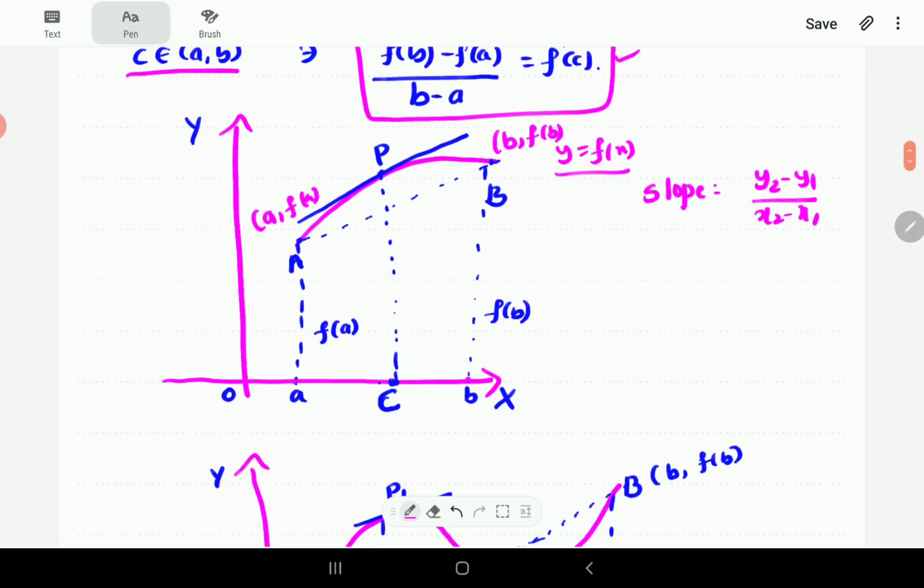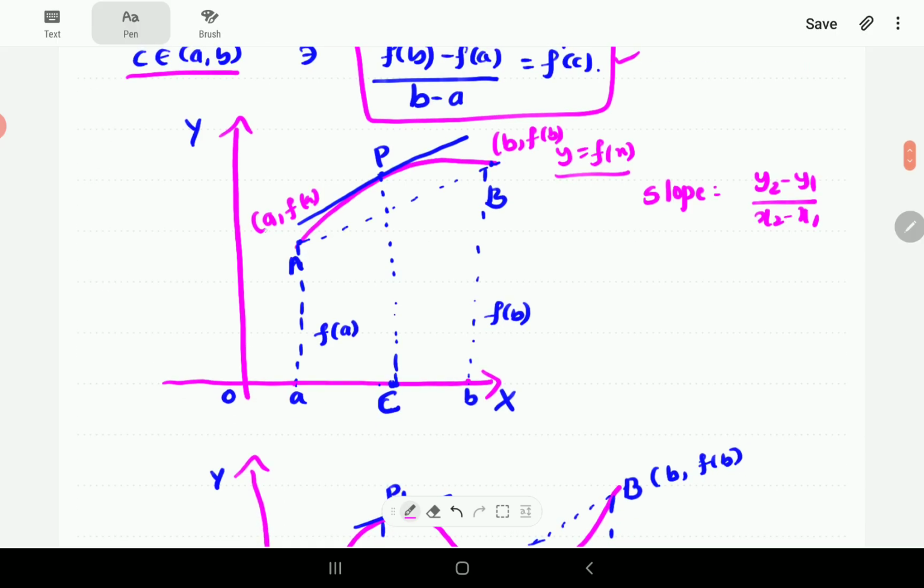Here your points a, f of a and b, f of b act as your x1, y1 and x2, y2. So y2 minus y1 is f of b minus f of a, and x2 minus x1 is b minus a.